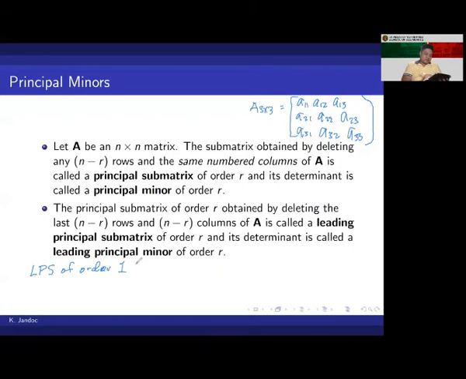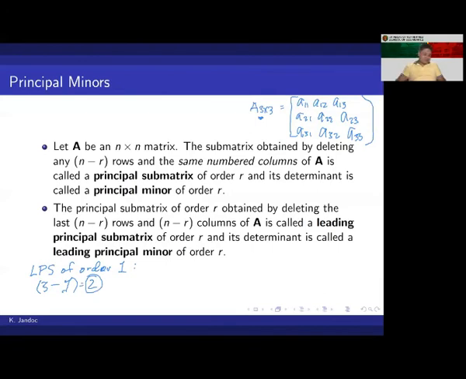What does the definition say? The definition says that we have to delete the last n minus r rows and n minus r columns. So what's n minus r in this case? n is the order of the matrix A, which is 3, and r is the order of the leading principal submatrix, which is 1. So we would delete the last 2 rows and 2 columns.